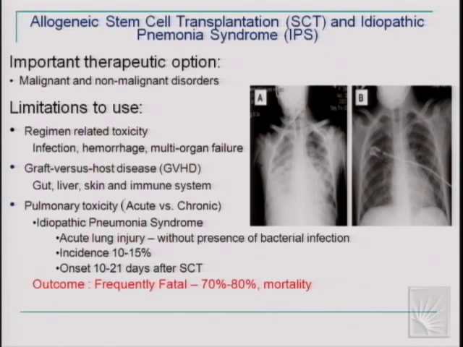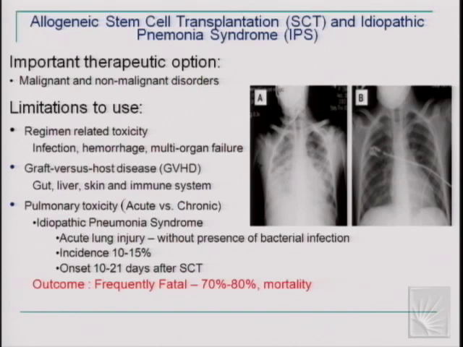However, there are a number of limitations to its use, those being regimen-related toxicity from the conditioning, which can lead to infection, hemorrhage, multi-organ failure, graft versus host disease, as well as pulmonary toxicity, which can either be acute or chronic. Idiopathic pneumonia syndrome falls into this category as an acute lung injury without the presence of bacterial infection.